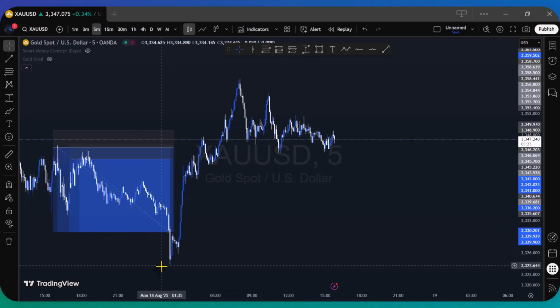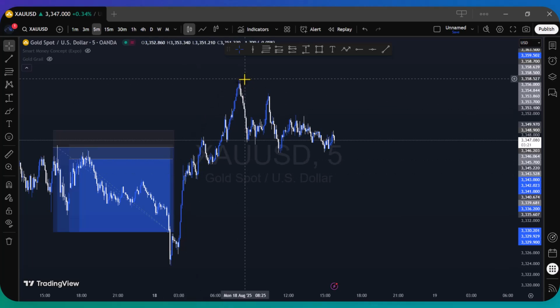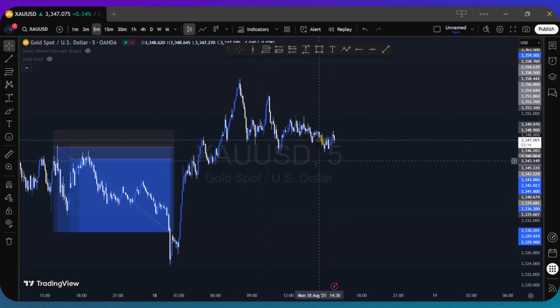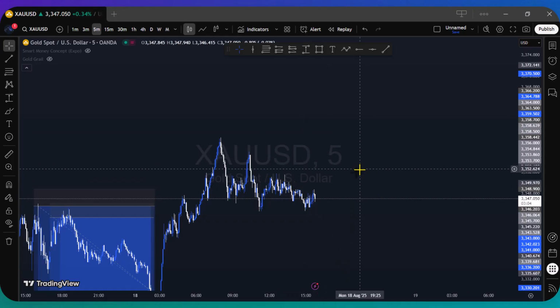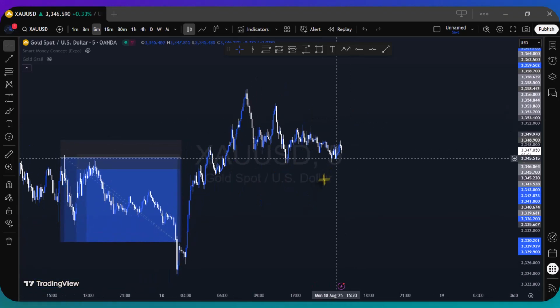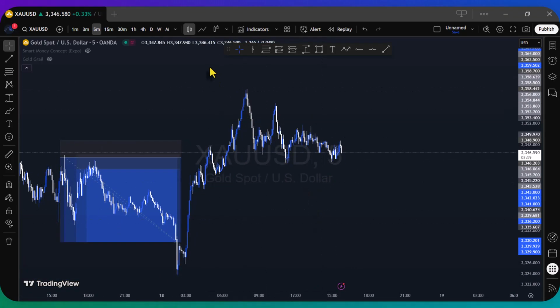Price made a massive movement up here, then dropped down, then it's still consolidating. So until price either pushes up, then I find a buy entry when price comes back, or price just pushes down, then I find a sell entry when price comes back. So that's that about that.